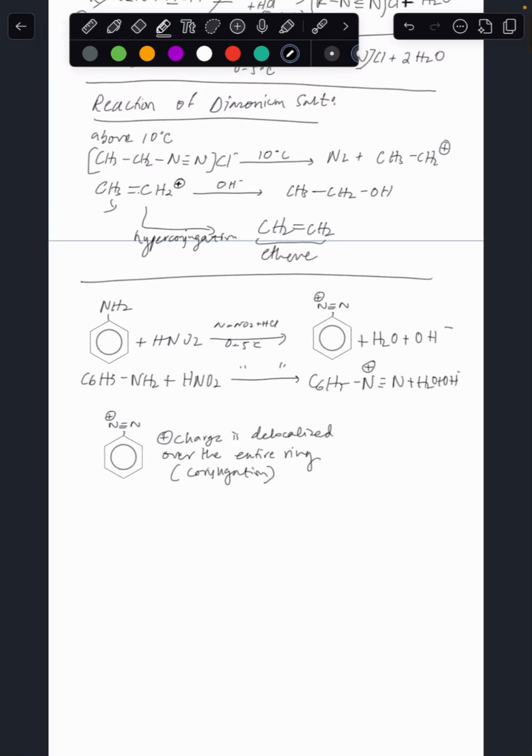And that would mean that the aryl diazonium ion is more stable than an alkyl diazonium ion.